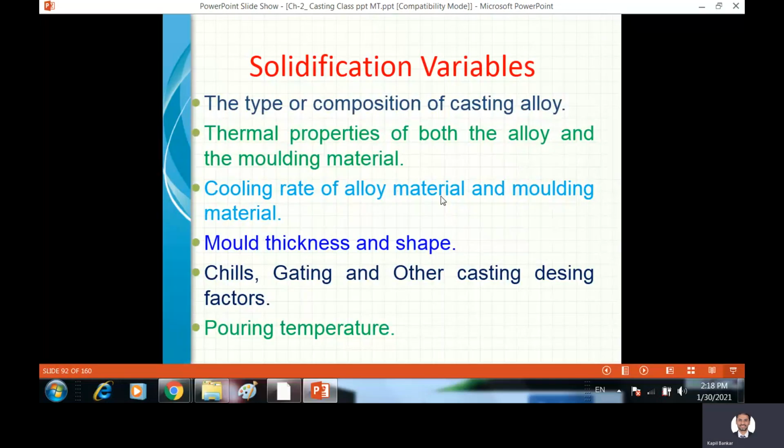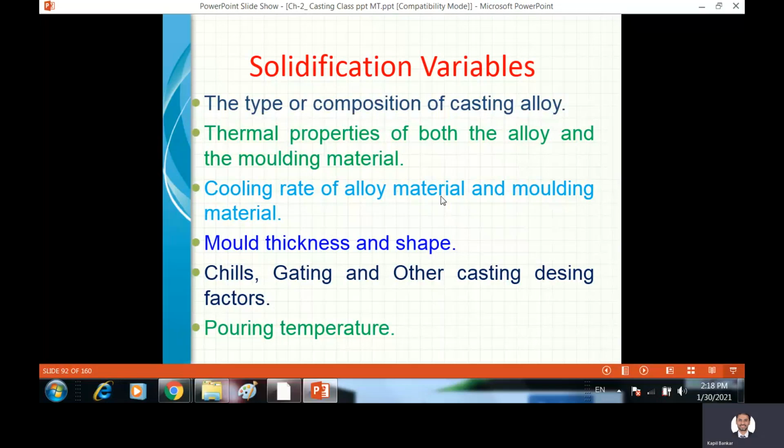Some other variables for solidification: the type or composition of the casting alloy, the thermal properties of both the alloy and the molding material, the cooling rate, and the mold thickness and shape. As I told you, in directional solidification, solidification starts from thin sections to thick sections. So mold thickness and shape also matter.